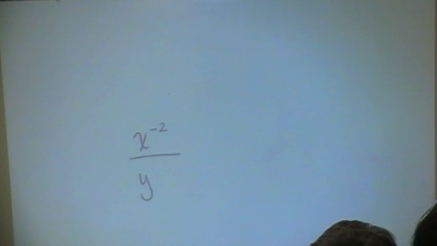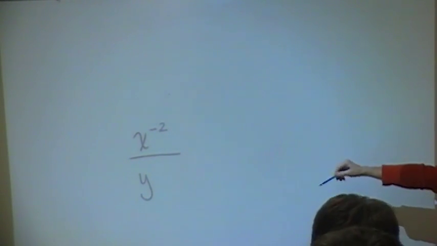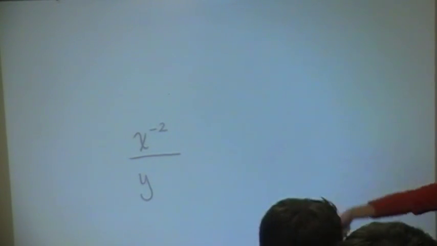So let's say you have x to the negative 2 over y. Mr. X is very unhappy. He currently lives in the upstairs apartment, and he doesn't like it up there, not one bit. But y is just fine where he lives, because he doesn't have anything negative on him. Everybody with me? So Mr. X has got to move downstairs.